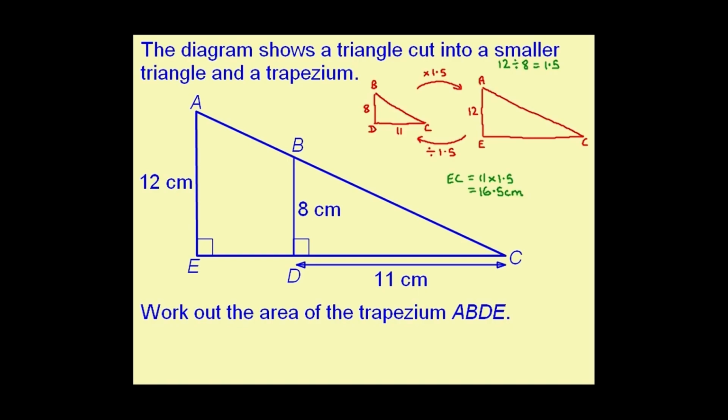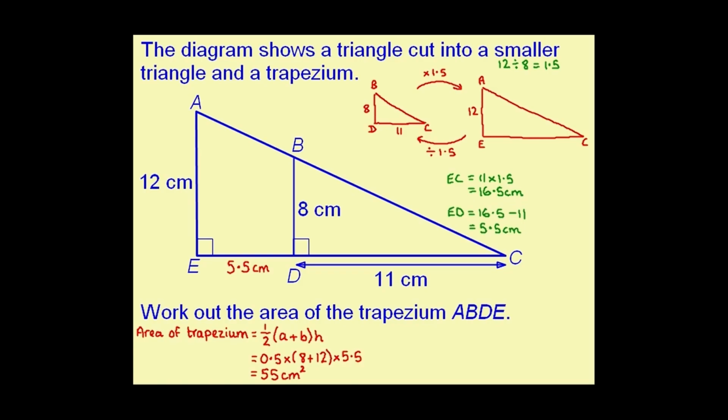No matter which method you use, your first step should be to find the length of EC, and that's 16.5 centimetres. You might have chosen to use the formula for the area of a trapezium. You would get this answer here, 55 centimetres squared.